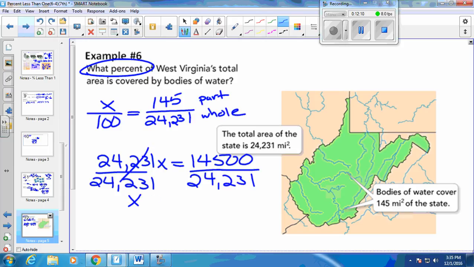Make sure you put the 14,500 in your calculator first and then divide that, and you will now get your answer of 6/10, and it is 6/10%. Because I included this 100 in the proportion for talking about a number being out of 100, I can include the percent sign. Go ahead and work on number 7.